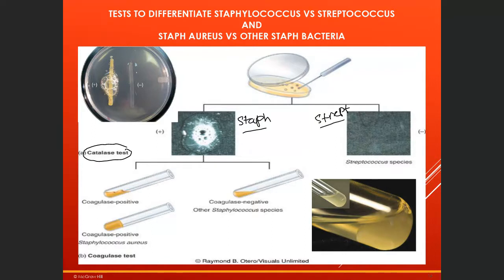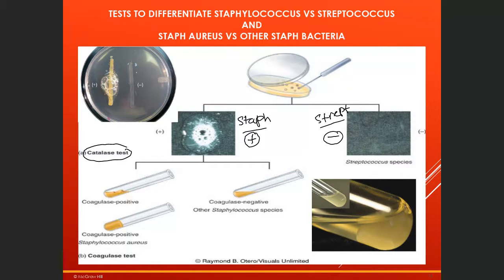With the catalase test, if it is positive, it is telling us this bacteria is staphylococcus. If the result is negative, then the bacteria is streptococcus.